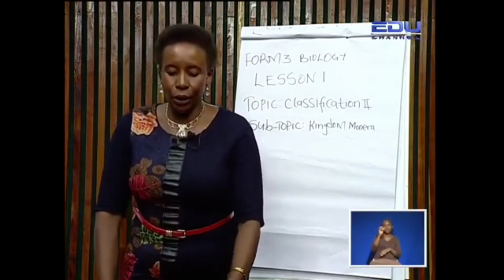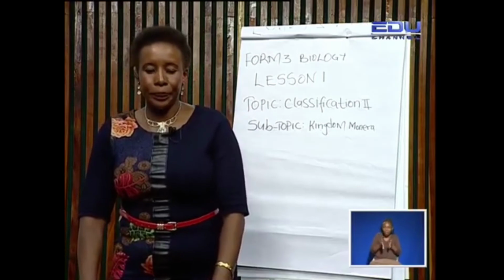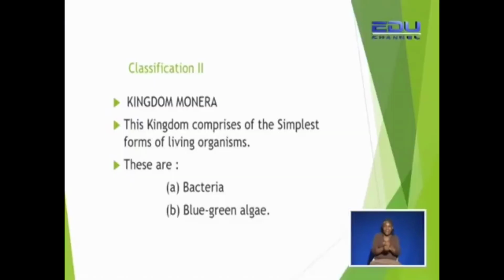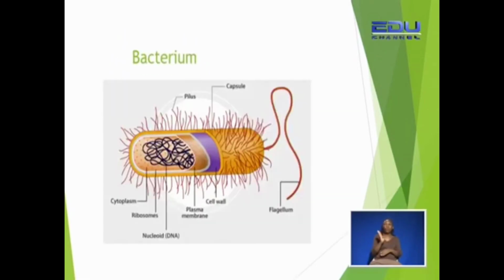Kingdom Monera comprises the simplest forms of living organisms. It comprises living organisms that are simple in that they are unicellular. Some of the living organisms that belong to Kingdom Monera include 1, bacteria, and number 2, the blue-green algae.